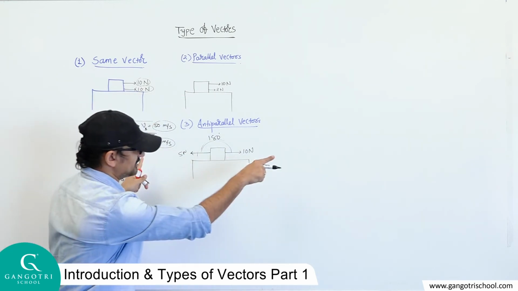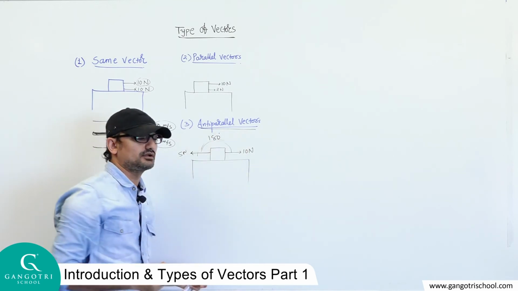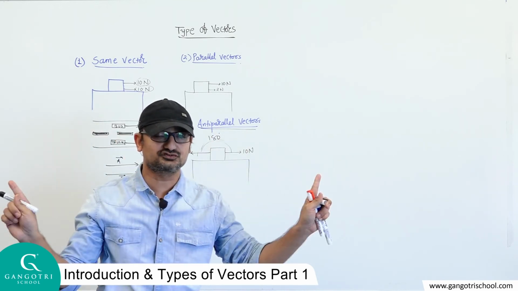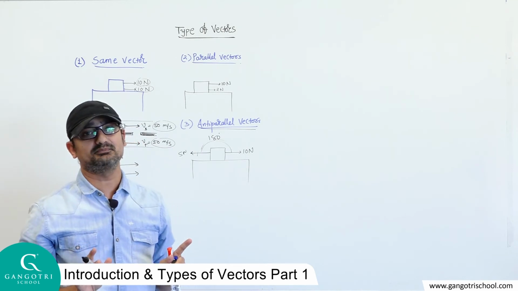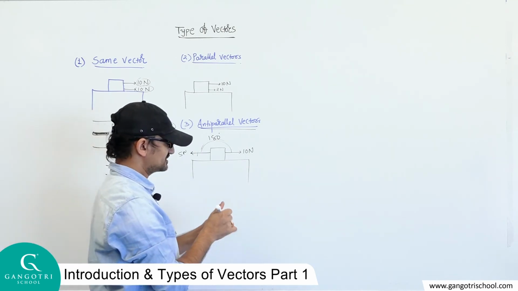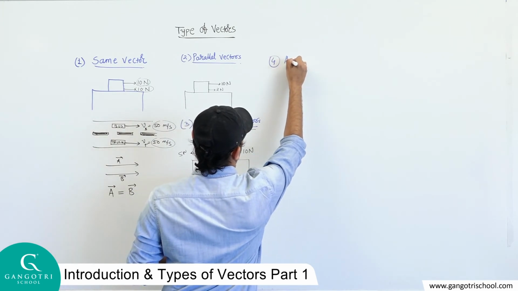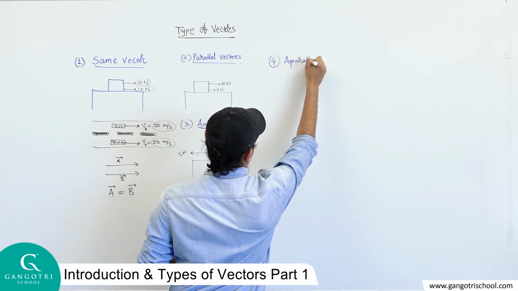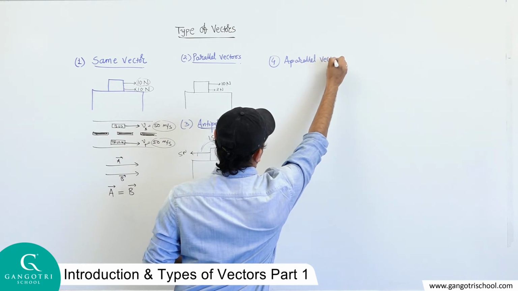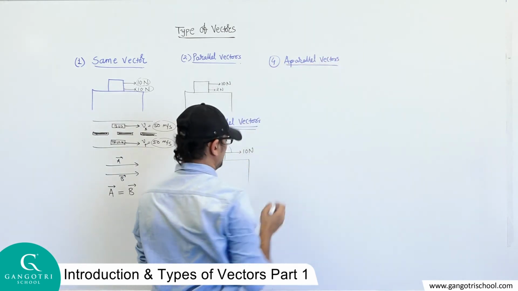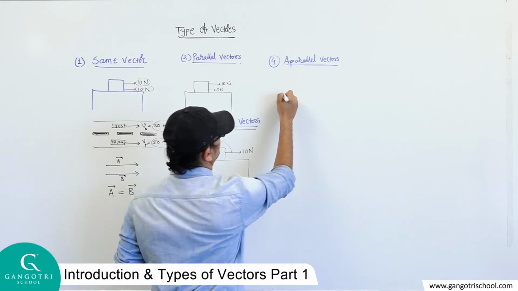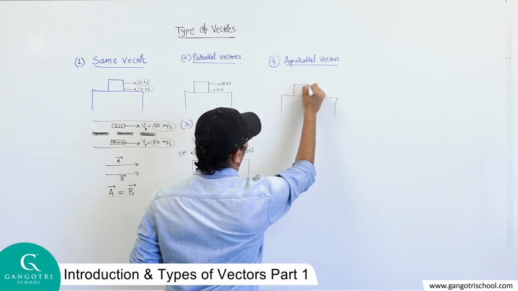But two anti-parallel vectors are opposite in direction. And last, type number 4, aparallel vectors. For example, again this is a table, one object is lying on it.